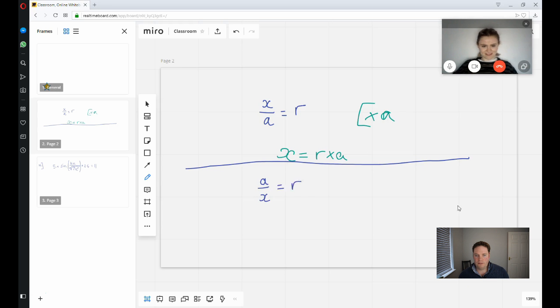Okay, here's one that trips people up a lot. So this time, a is on the top and x is on the bottom, and we want to make x the subject again.